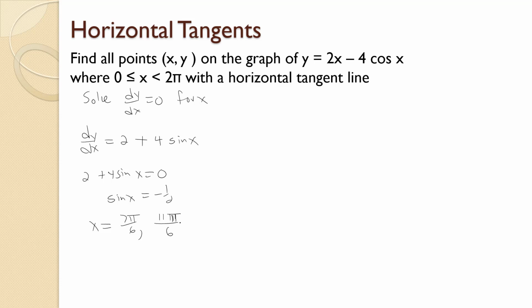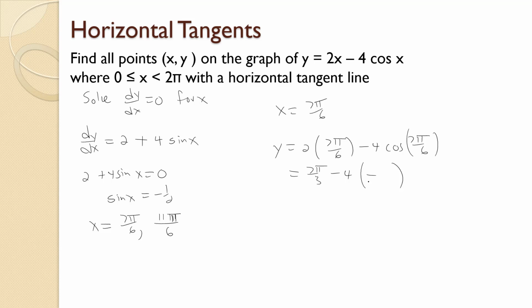Now those are just the x-coordinates. I wanted the points. So for the x-coordinate of 7 pi over 6, the corresponding y-coordinate is 2 times that angle minus 4 times the cosine of 7 pi over 6. So then that is 7 pi over 3 minus 4 times the cosine of 7 pi over 6. 7 pi over 6 is in the third quadrant, so the answer is negative.